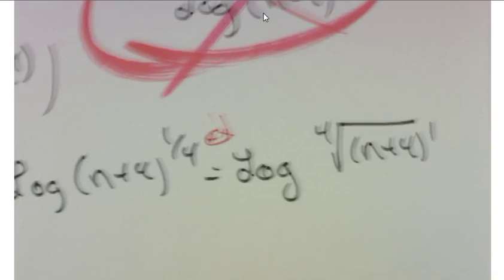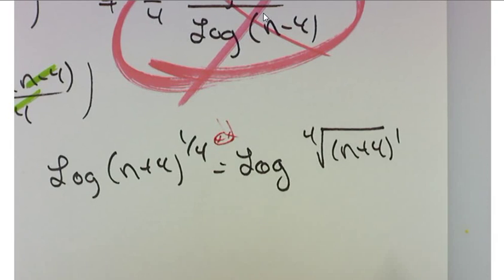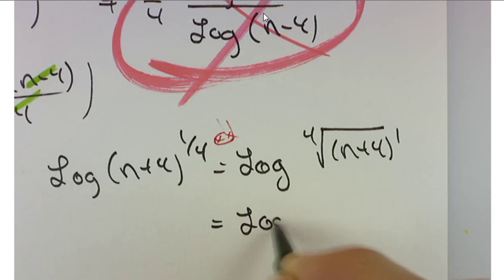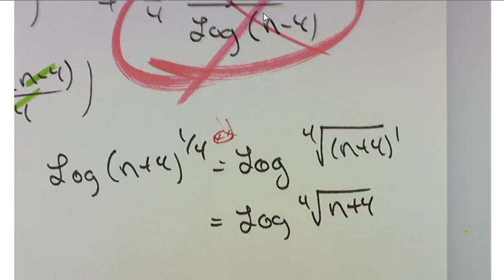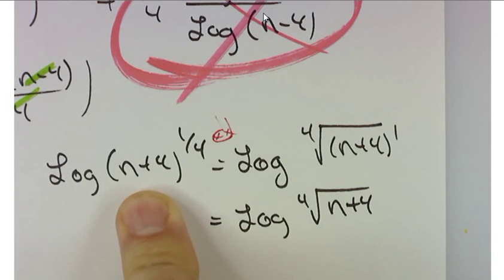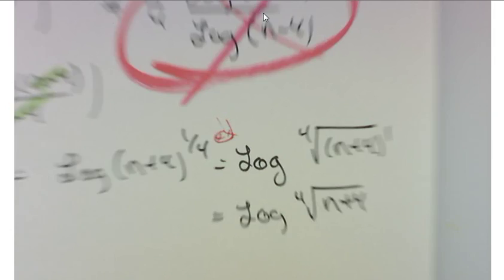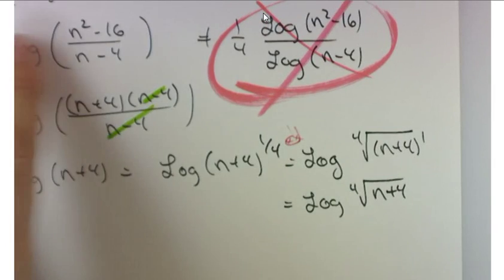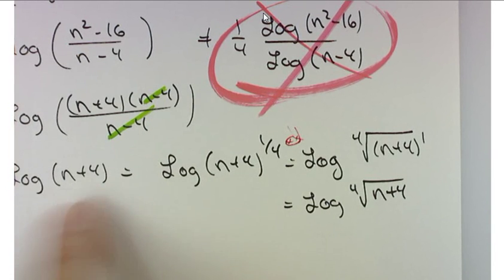Now you don't need brackets to the first power there. You could just write, log of the 4th root of n plus 4. That's fine. I'd probably accept something like this unless I gave specific instructions to write it using a radical. I would like to see the simplification here. That's something that I would expect, that you factor it, cancel, and then solve.